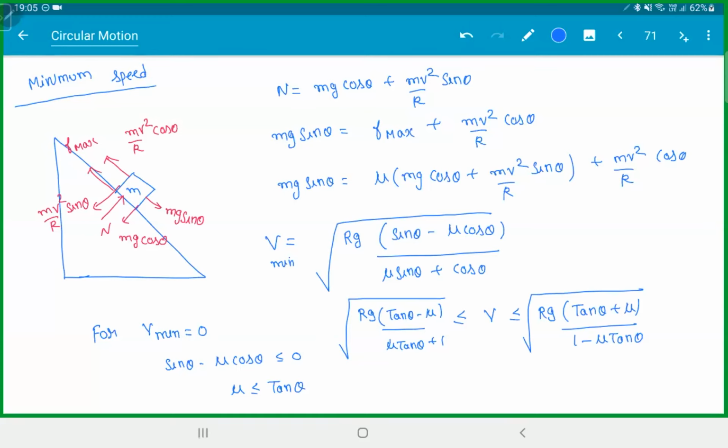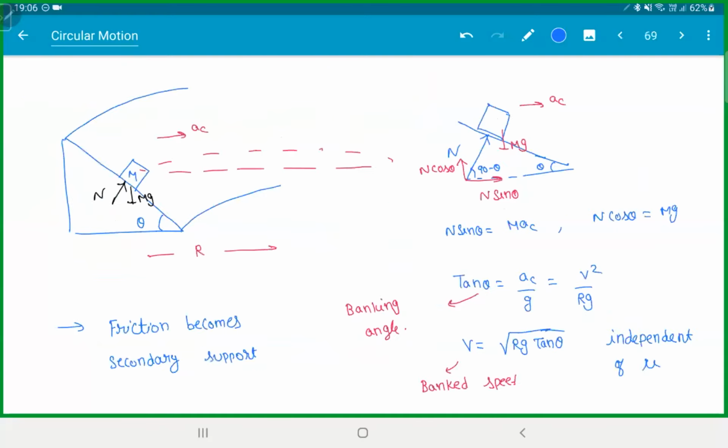Everyone got this thing? Any doubts? Anyone not clear on the banking part? Please ask. Great. Let's see our question.